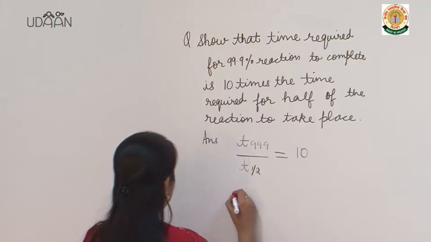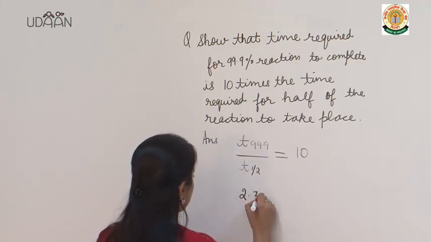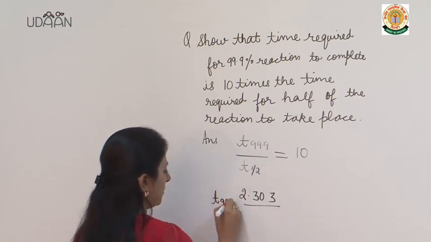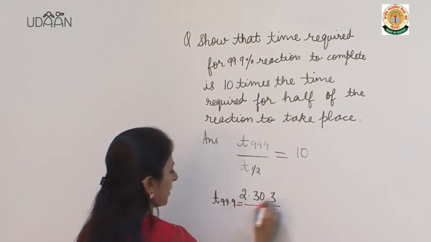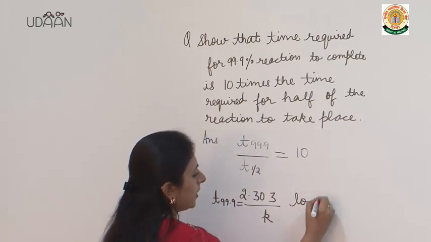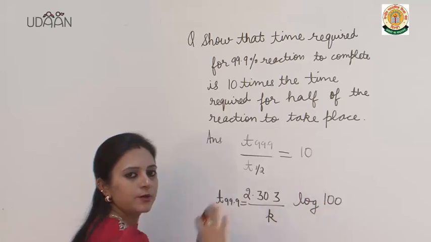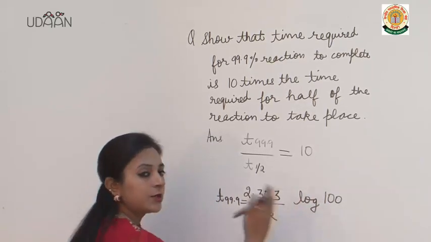Now we will apply the formula K is equal to 2.303 upon t log. जब भी हमें परसेंटेज गिवन है तो हम इनिशियल को 100 ले लेंगे और नीचे क्या होता है, what is a?